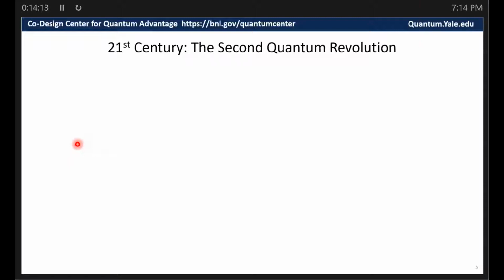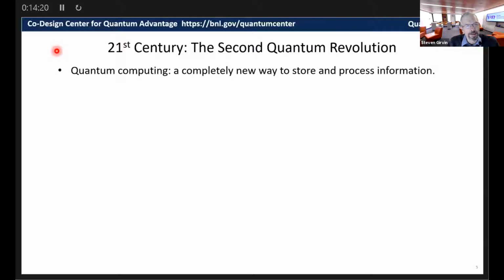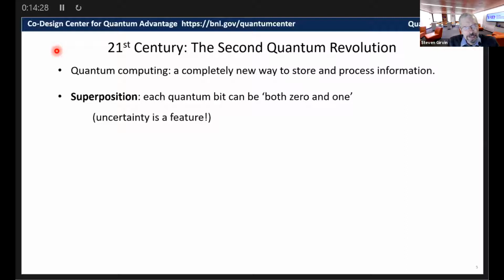So now we're in this new era in the 21st century of this second quantum revolution. And quantum computing is a completely new way to store and process information. It uses this concept of superposition that, if you've had a course in wave mechanics or quantum mechanics, you know waves can be superposed on top of each other.